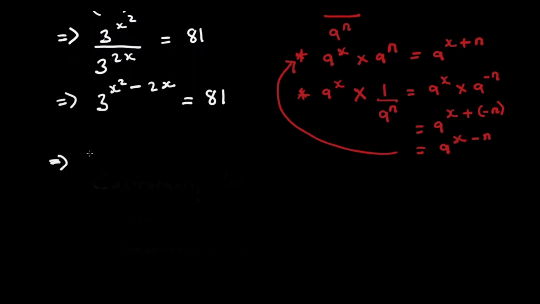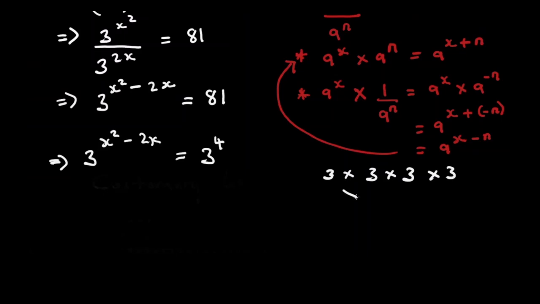This will then be 3 to the power x squared minus 2x is equal to 3 to the power 4. 81 is equal to 3 to the power 4 because 3 times 3 is 9, and 3 times 3 is also 9. 9 times 9 giving us 81. 3 times 3 times 3 times 3.